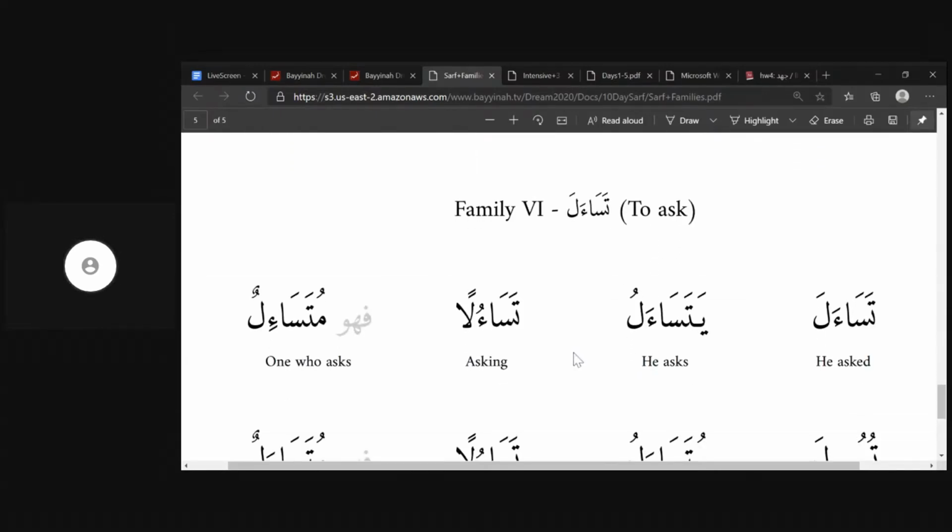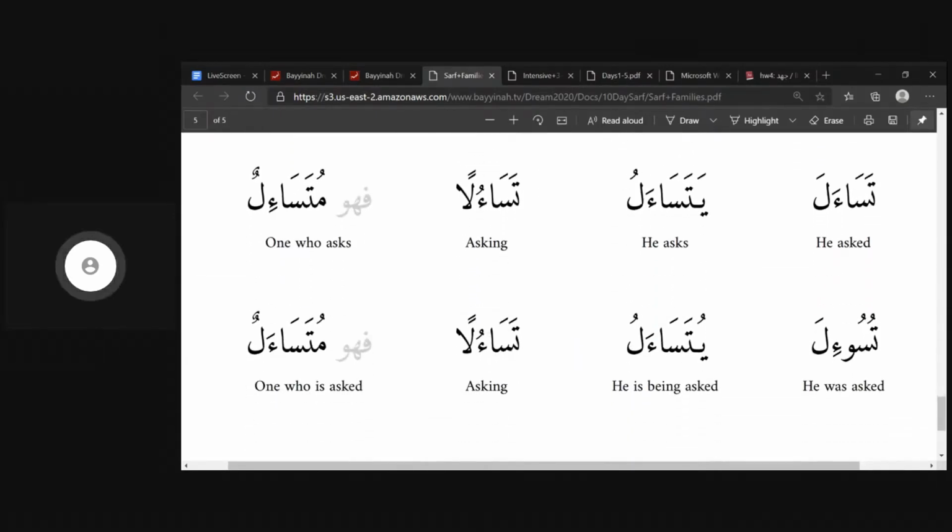And then for the next one, تساءل: just like the تعلم family was similar to the علم family with a ta at the beginning, the Tasa'ala family is kind of like the Jahada family with a ta at the beginning. What's unique about it is the ta plus alif together.